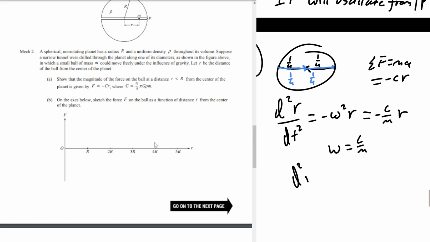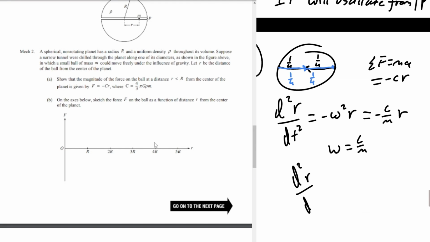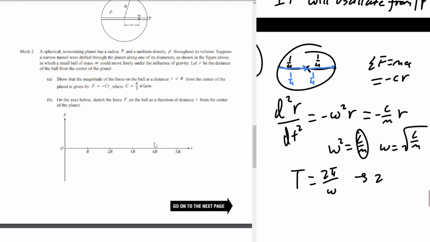Now, College Board gives you the option to leave it in this form, negative c over m times r, and you can solve this differential equation. But what I would recommend doing, just to ensure the point, is to say, if this is omega squared, then omega has to equal the square root of c over m, and the period equals 2 pi divided by omega. So that gives me the period to be 2 pi times the square root of m over c. This equation can be used, and then solve for one quarter T.